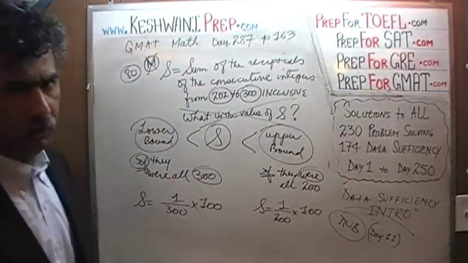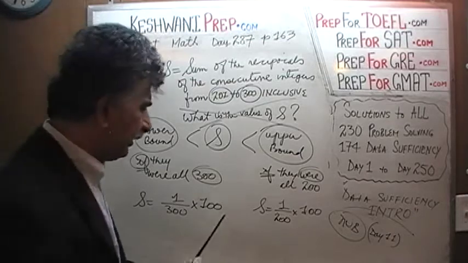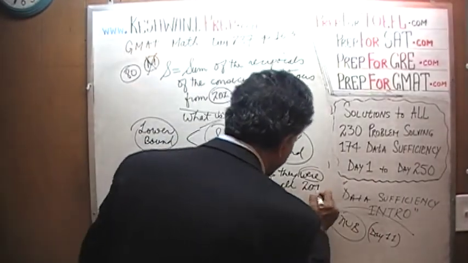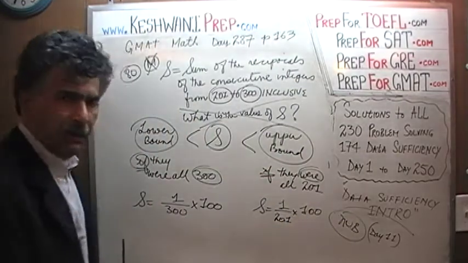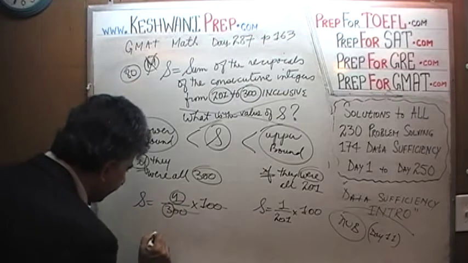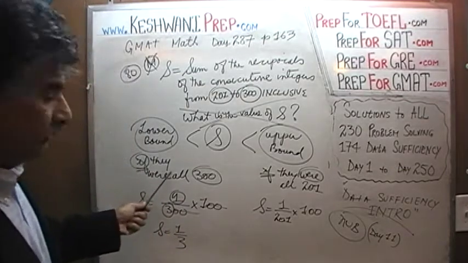In the case of 300, the two zeros are going to cancel out, and we end up with 1 over 3. S would have to equal 1/3 if they all happen to be 300.